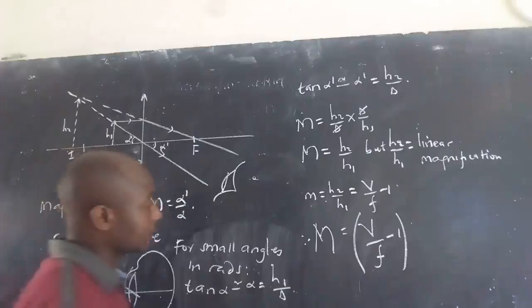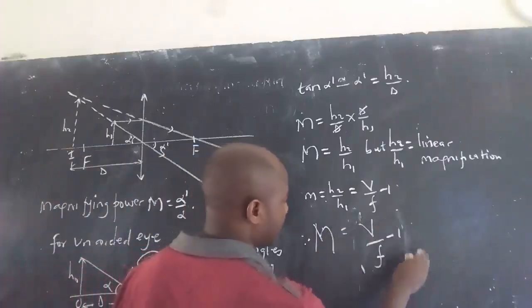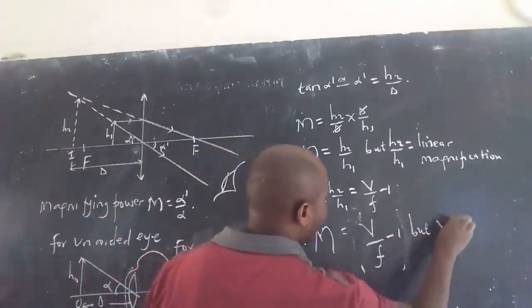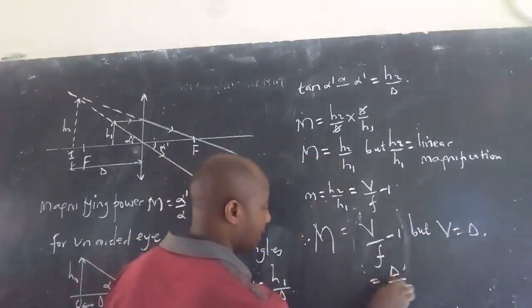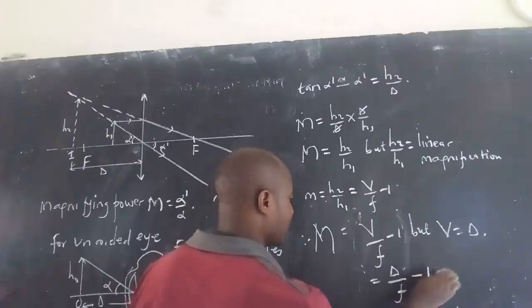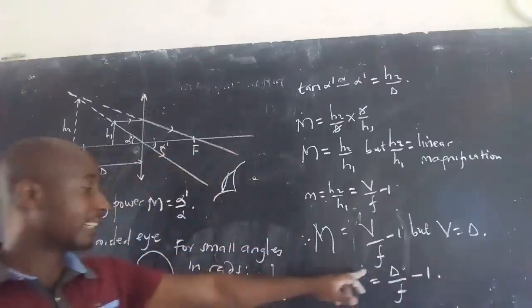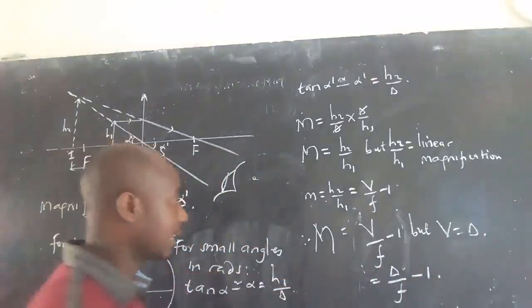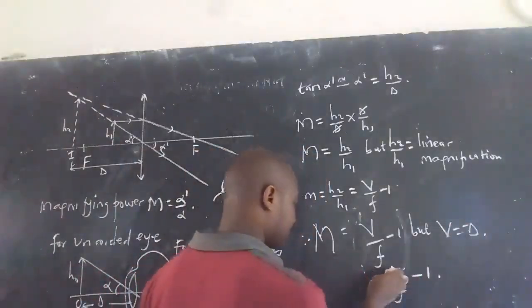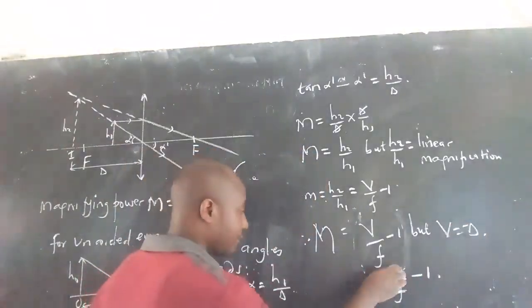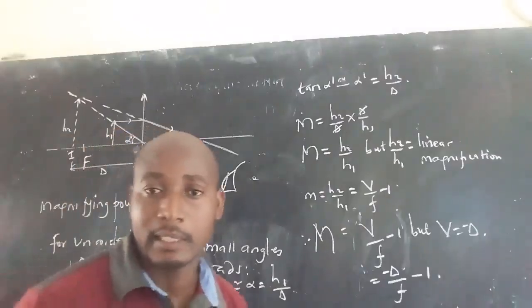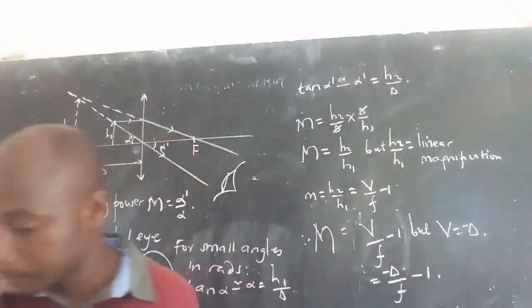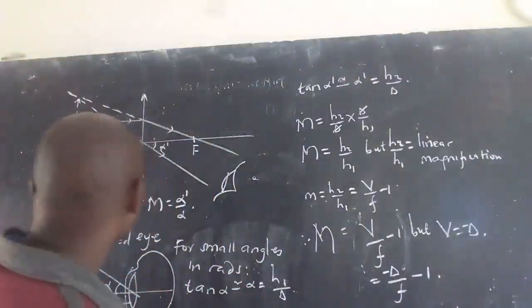But our V is the same as D. So the answer will now become D over F minus 1. However, this D is negative because it's a negative D. Why? Because the image formed is virtual.